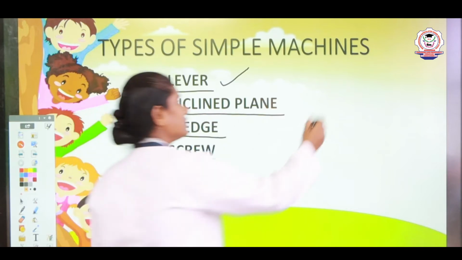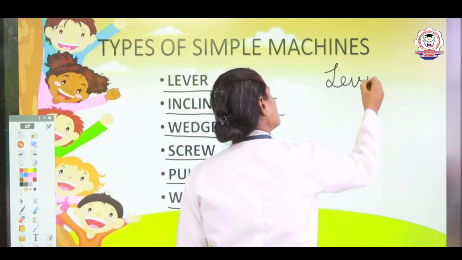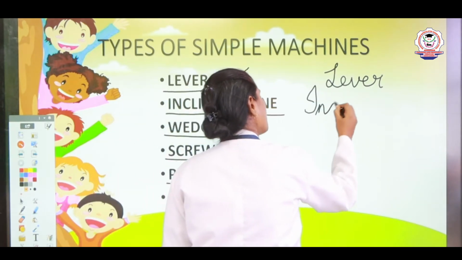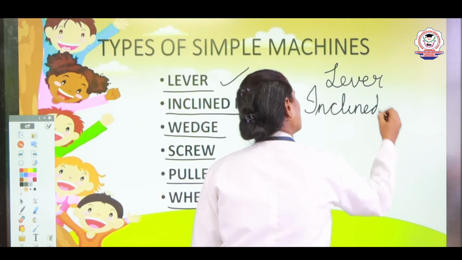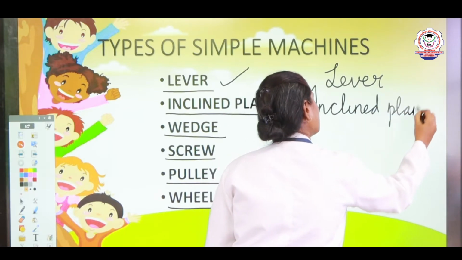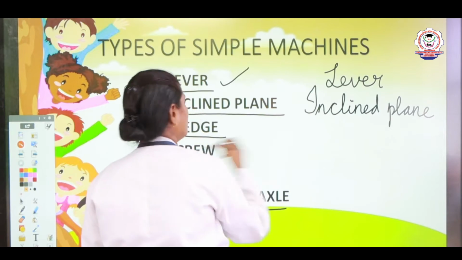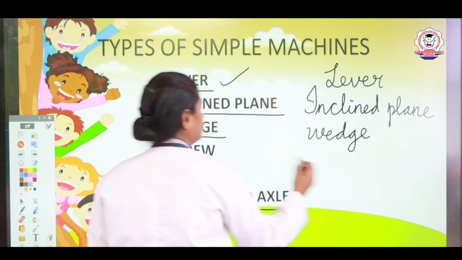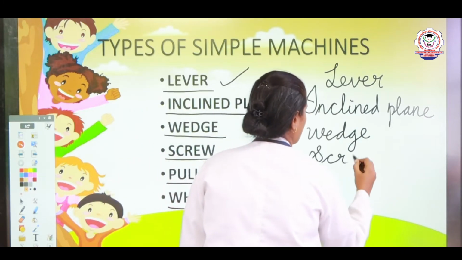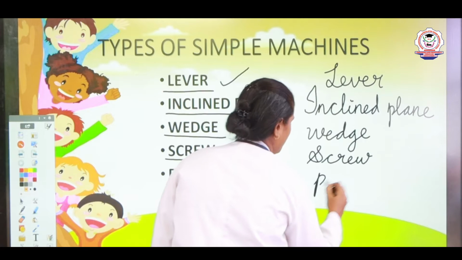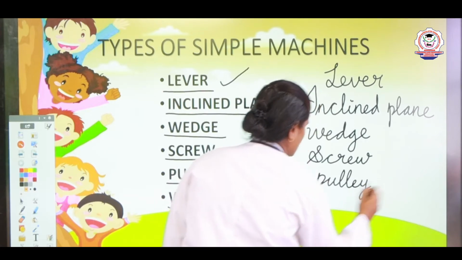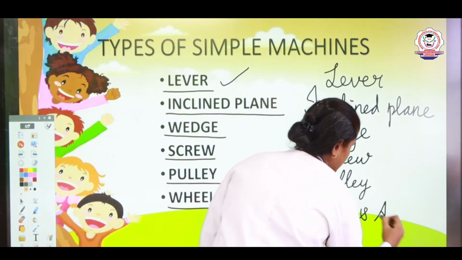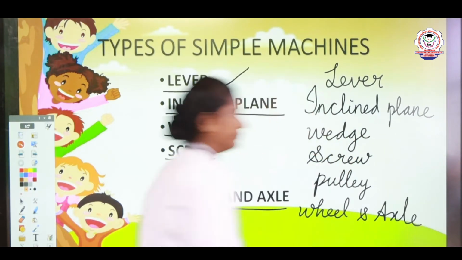The first one is lever, the second one is inclined plane, the third one is wedge, the fourth one is screw, the fifth one is pulley, and the sixth one is wheel and axle, A-X-L-E, axle.